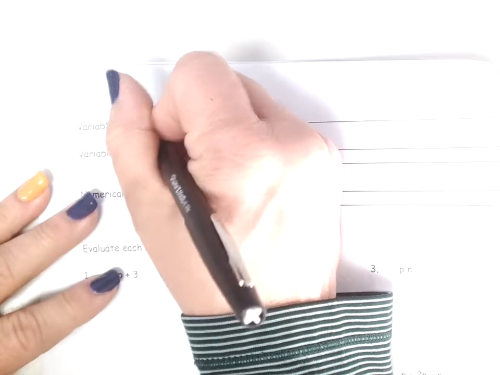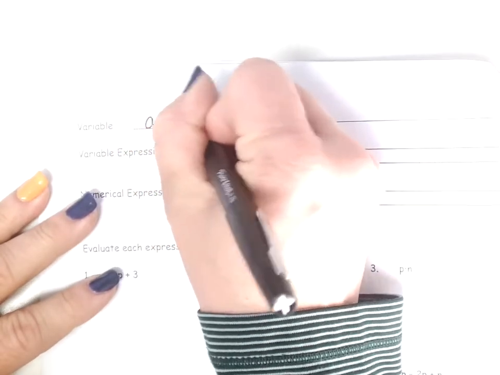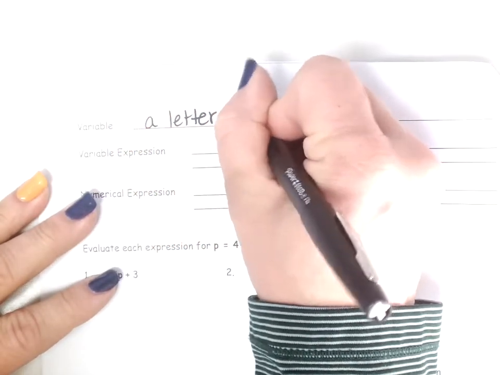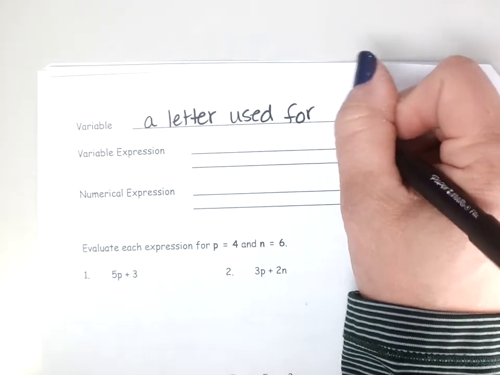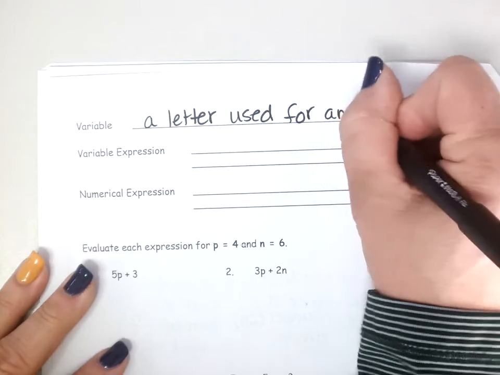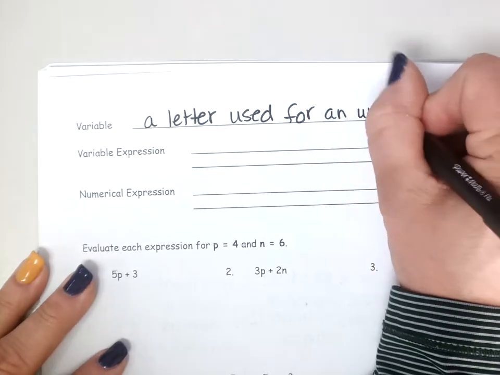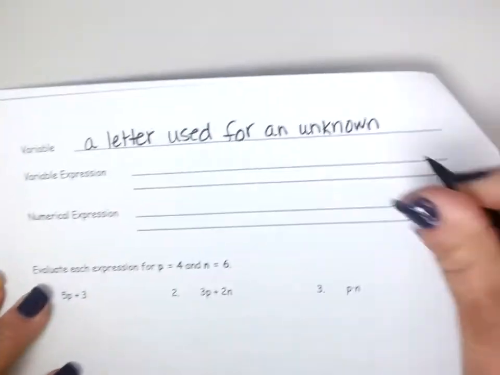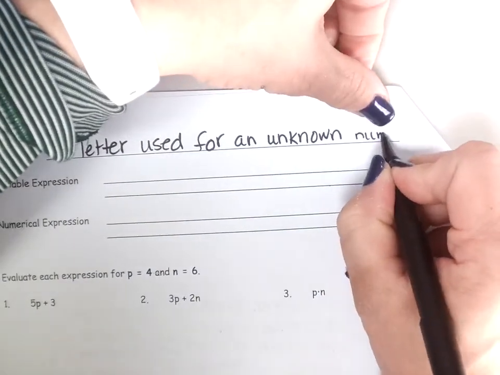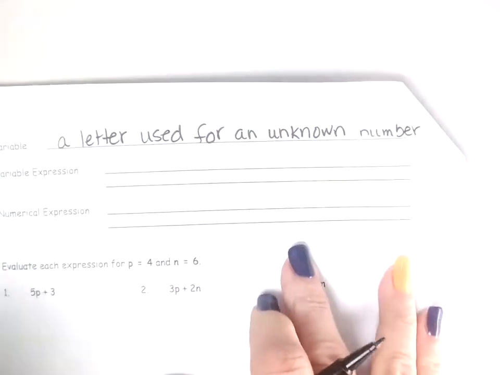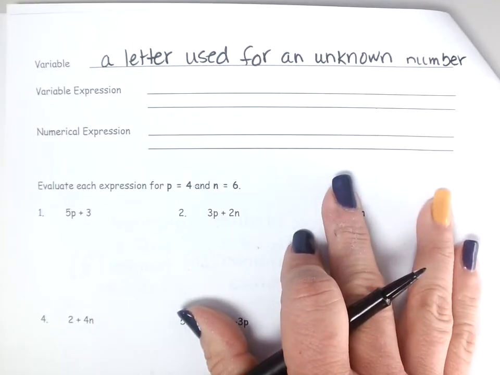A variable is a letter used for an unknown number. Hard to write on this staple. Sorry. Used for an unknown number.